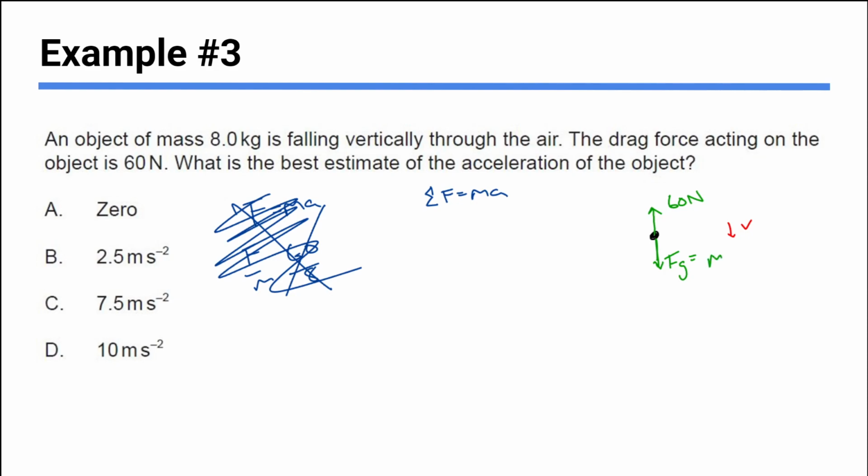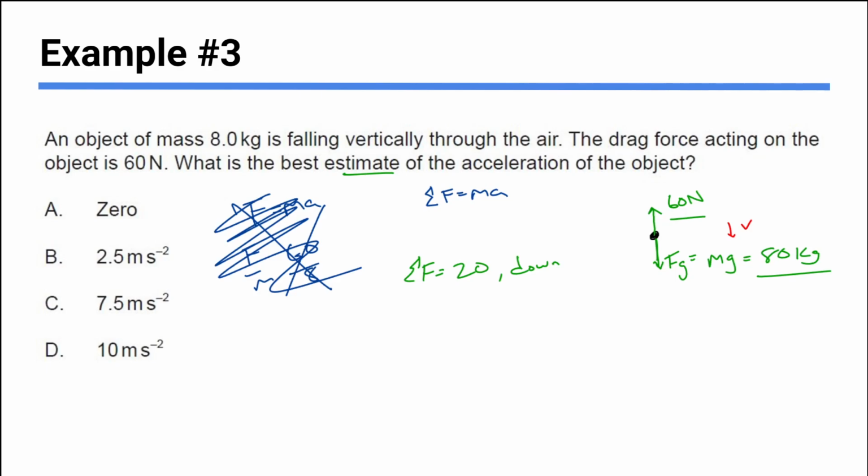It's mg. The mass is 8. For a multiple choice question like this, you would typically just use 10 for g because we're estimating. So that's about 80, 8 times 10. So I have 80 down and 60 up, which means my net force is 20 down. I do 60 plus negative 80, so I get negative 20. The net force is 20.